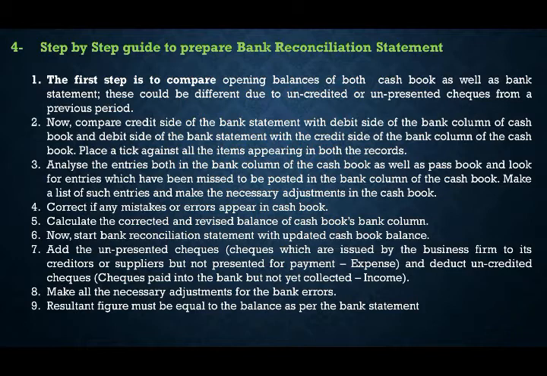So just grab them and add them to your cash book balance, and deduct the uncredited checks that are paid into the bank but you have no clue of, or the bank statement has those checks but you haven't posted them into your bank ledger. So you must deduct those checks from your calculation.